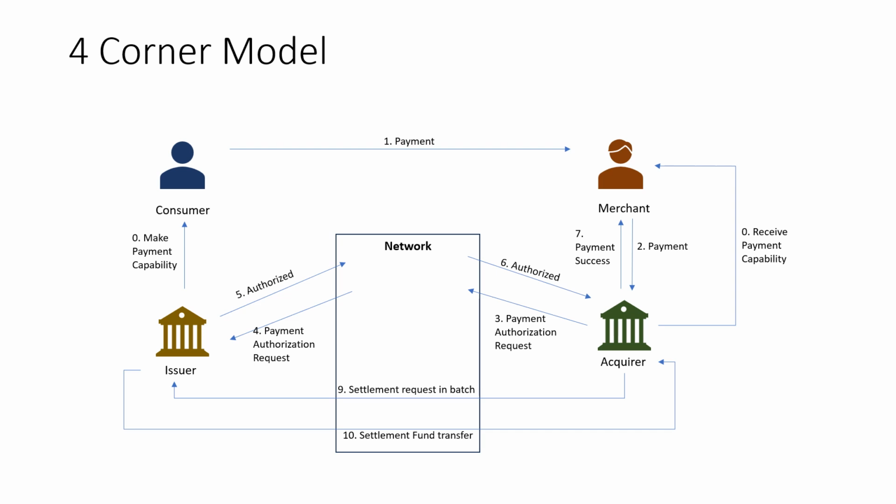Now, a consumer is a cardholder who has been issued a payment card by their bank or any type of financial institution. Normally, Visa and MasterCard don't directly give cards to consumers. They go through a bank, whereas American Express directly calls consumers and says, okay, we can provide you a credit card.